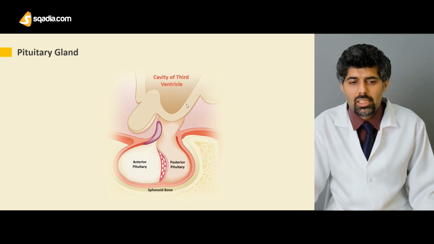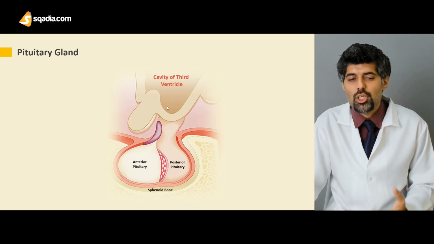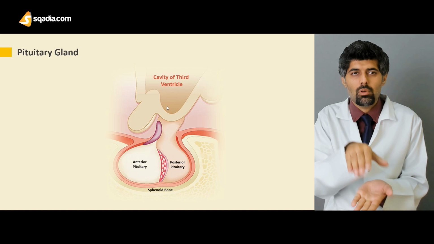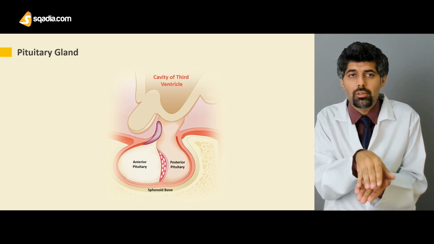This is the hypothalamus, and this is the cavity of the third ventricle. So you can easily appreciate how all these structures are almost compressed together.